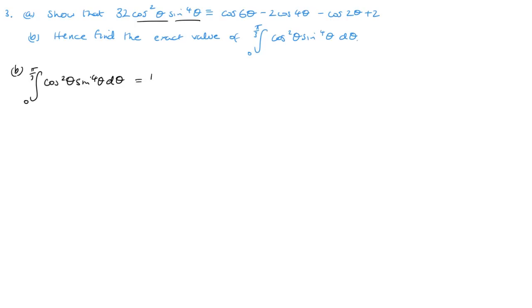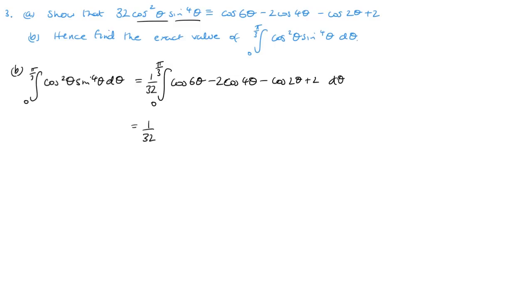So that will be 1 over 32, because we need to divide by the 32 here, so that then we can use this substitution. So cos 6 theta minus 2 cos 4 theta minus cos 2 theta plus 2 d theta, and that's between pi by 3 and 0.